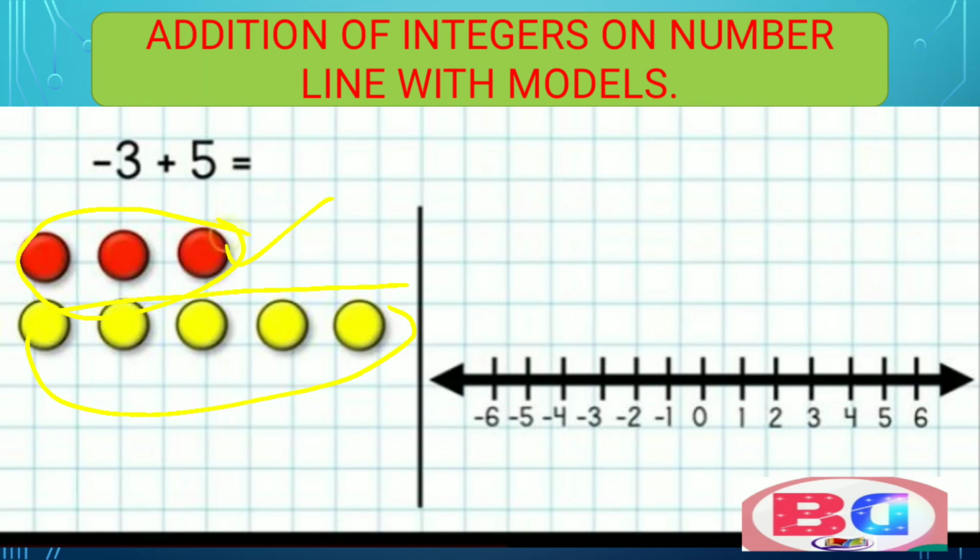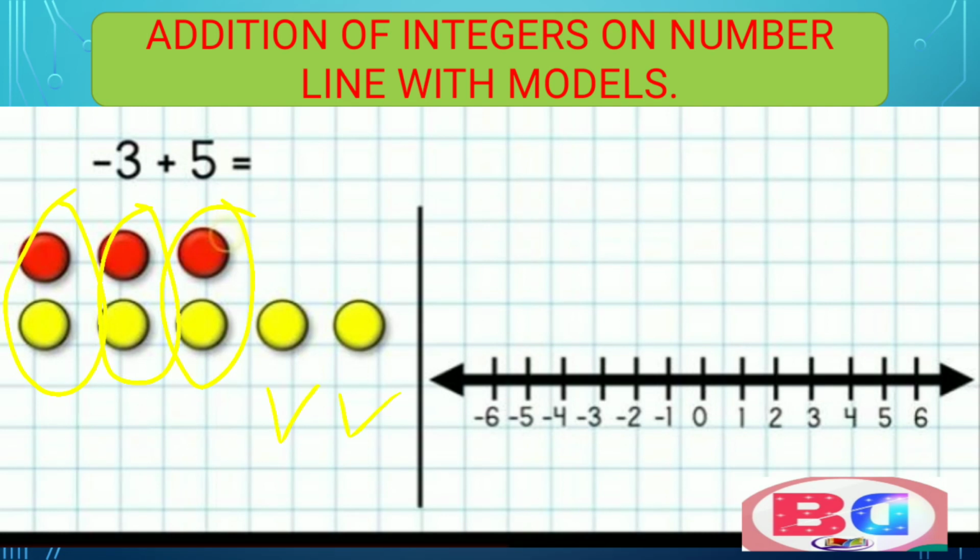Suppose we need to add -3 and 5. One negative and one positive become neutral, one negative and one positive become neutral, and one negative and one positive become neutral. The remaining are only 2 yellow, an indication of positive integers, so the answer is 2.